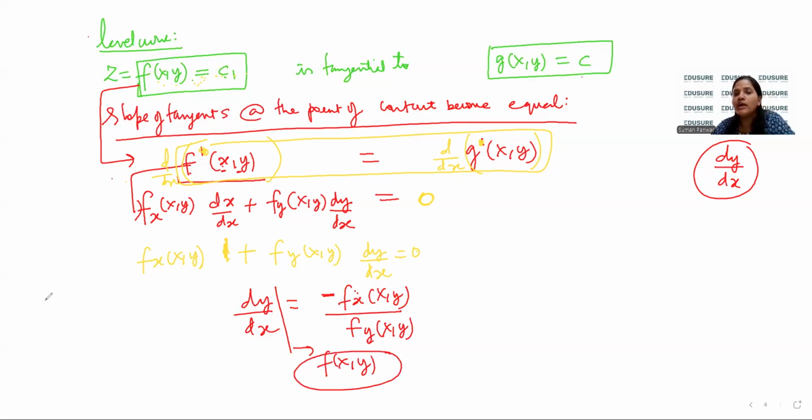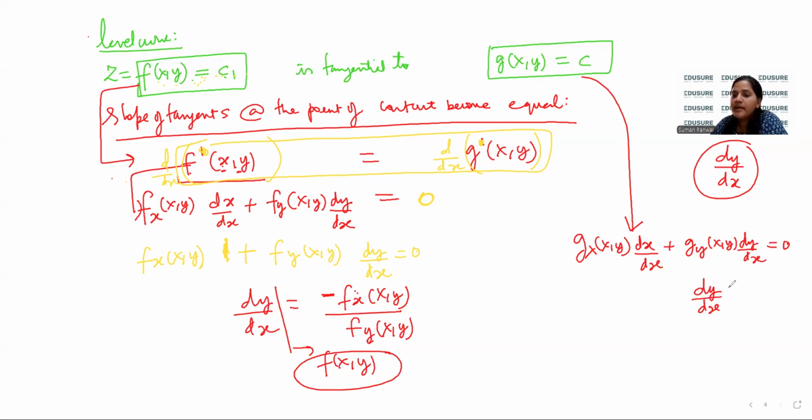Similarly, if we differentiate g both sides with respect to x, we have gx dx by dx plus gy(x, y) dy by dx equals 0. So dy by dx is coming out to be minus gx(x, y) divided by gy(x, y).